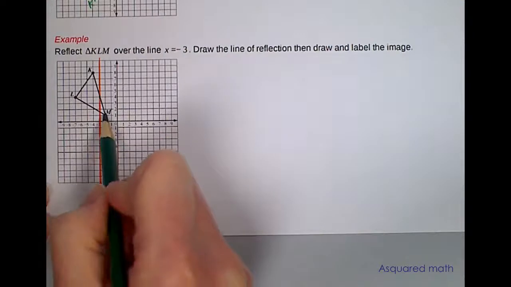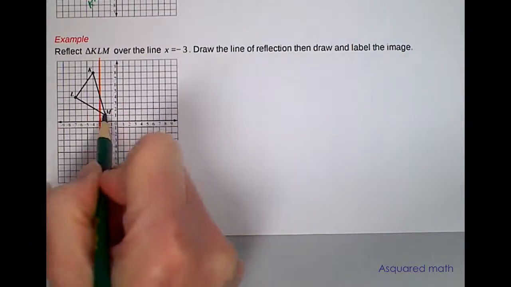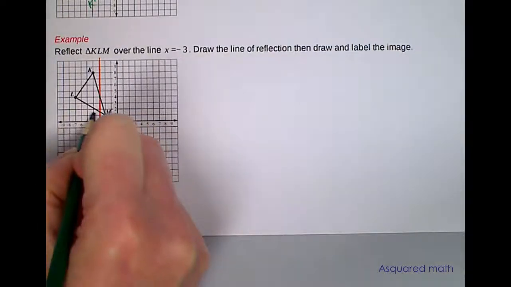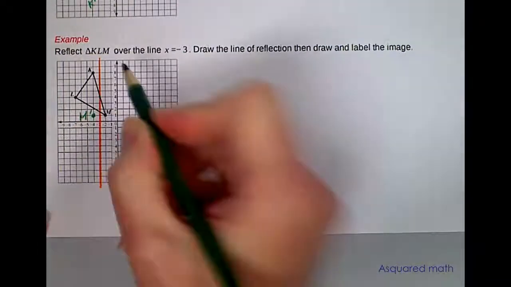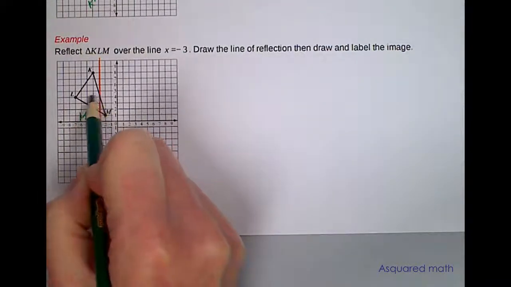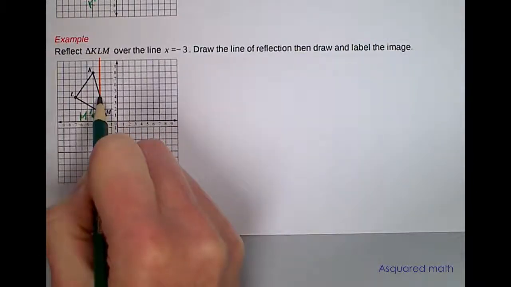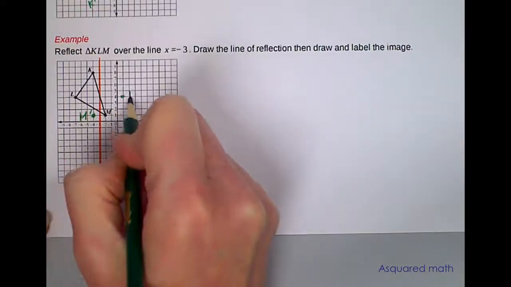Everything we are reflecting is going to be on the horizontal. So M is a distance of 1 unit away over to the right, so we want to reflect 1 unit away to the left. So we have M prime. L is 1, 2, 3, 4 units away to the left, so we want 4 units to the right. 1, 2, 3, 4. This would give us L prime.